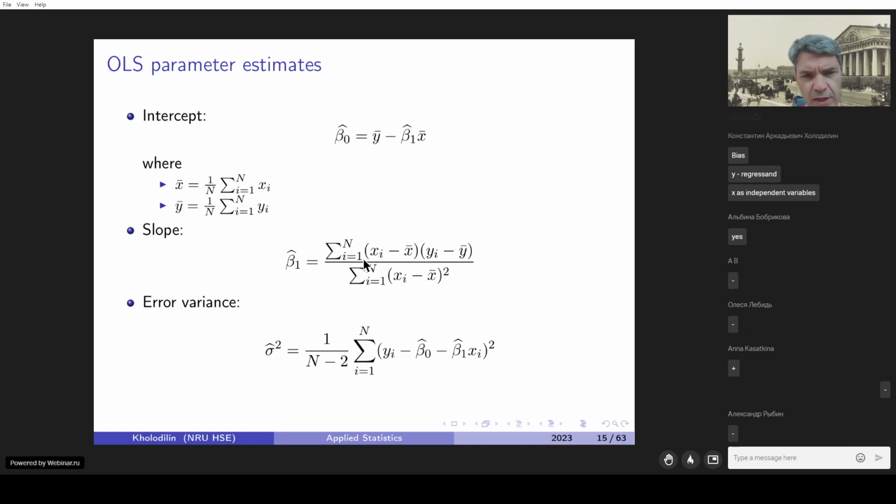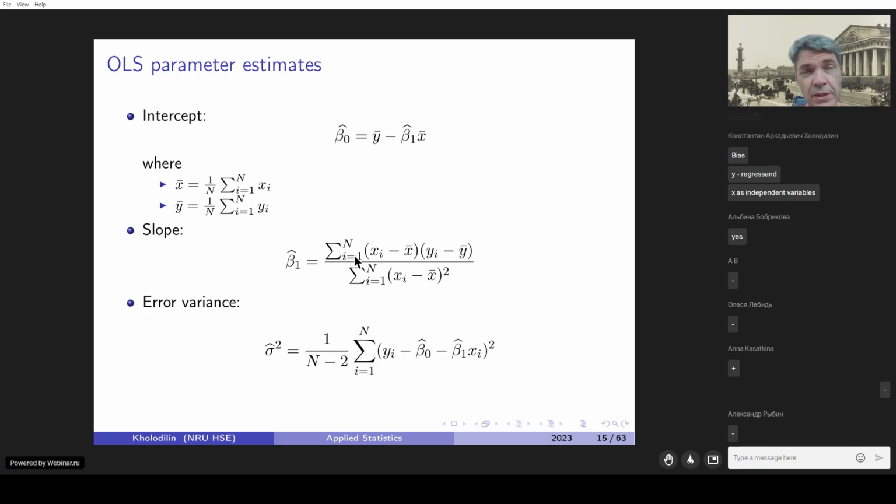The only thing is that here, instead of the standard deviation of x times the standard deviation of y, we only have the variance of x. But this upper part is nothing else than the covariance between x and y. And so it has the correct sign. If x and y are negatively correlated, then the coefficient will be negative.